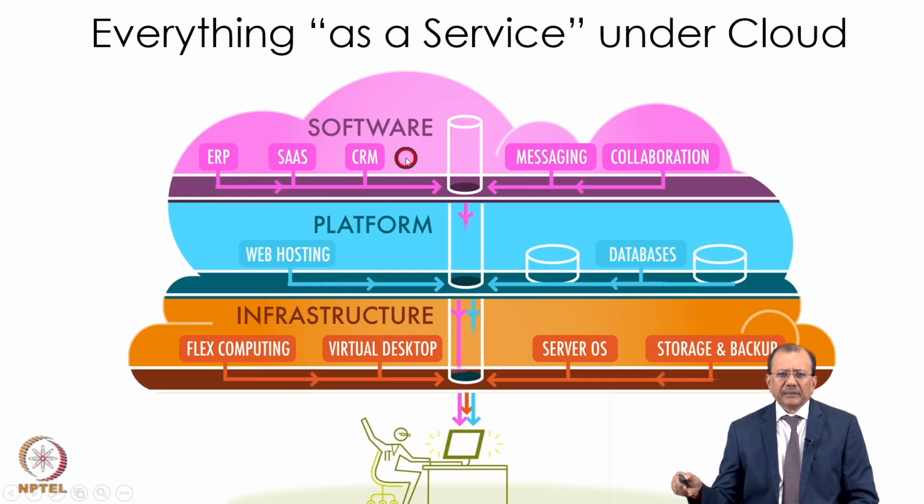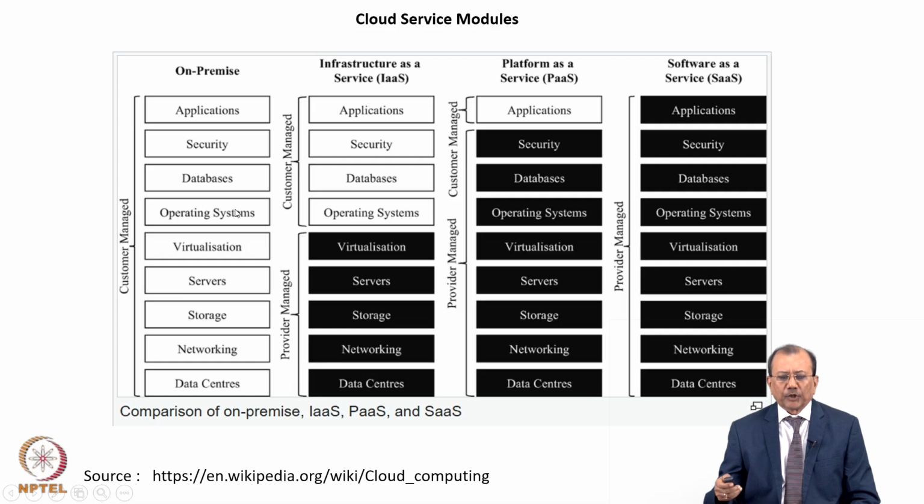This way the cloud becomes an economic way of using infrastructure and software resources for a company, whether it's a medium or a large company. Okay, I will explain the different options of these services in the next slide.